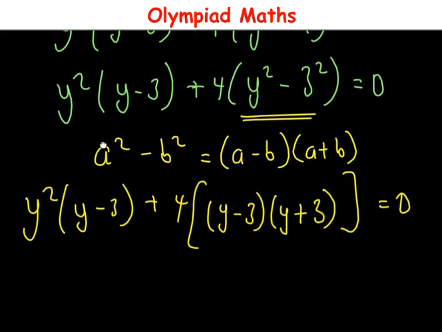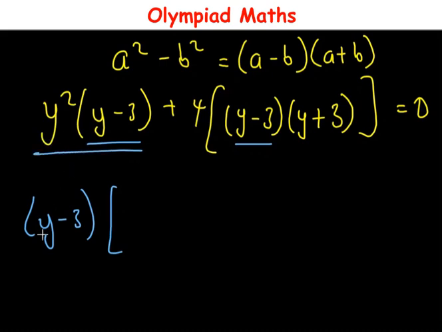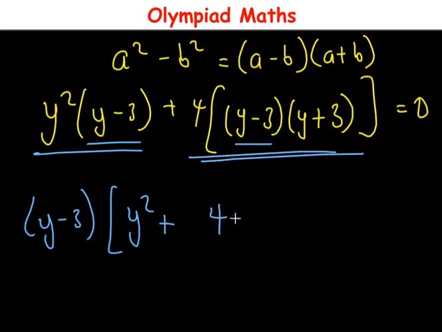So from here, what you are then going to do is to factorize out y minus 3. What you're going to have from here, if you divide this with y minus 3, the answer is y squared. So y squared plus, if you divide all of this with y minus 3, we're going to have 4 into brackets y plus 3.